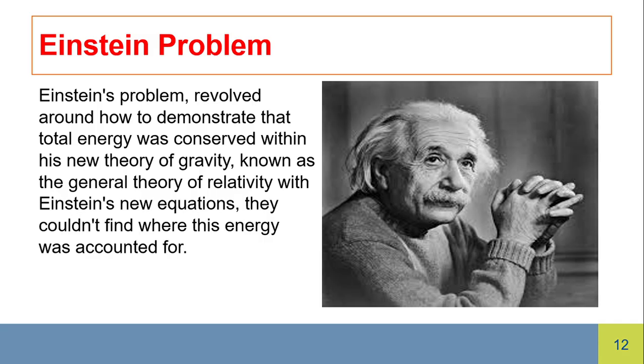So, Einstein's problem revolved around how to demonstrate that total energy was conserved within his new theory of gravity, known as the general theory of relativity. With Einstein's new equations, they couldn't find where this energy was accounted for.